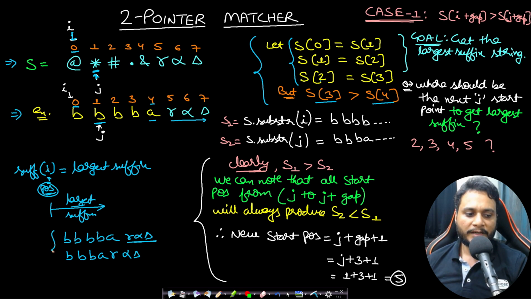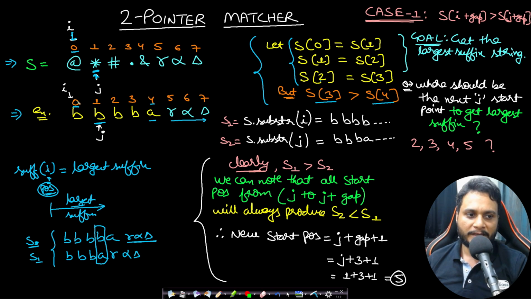So if you look at these two suffixes, the suffix starting at 0 and the suffix starting at 1, which one is larger? If you see the first point of mismatch, you will find that the suffix starting at 0 is larger. The suffix starting at 1 is not larger, right? You can just see here. And that is the property that we will try to use.